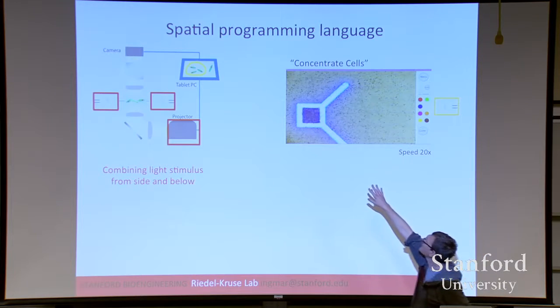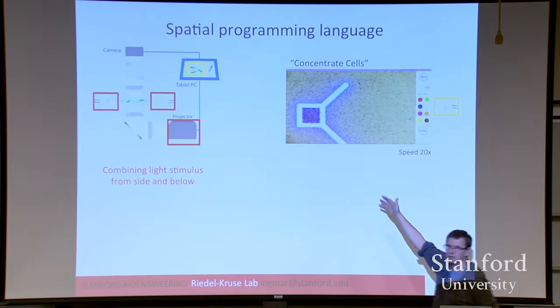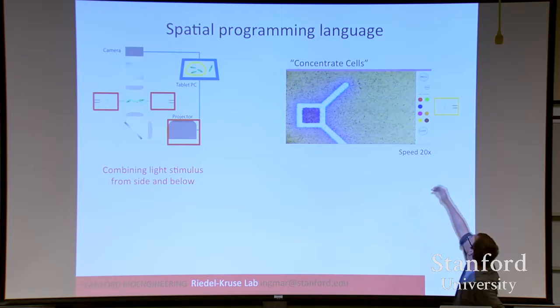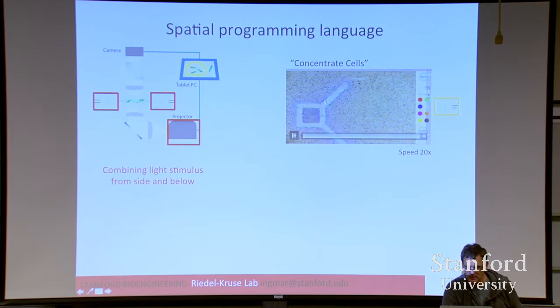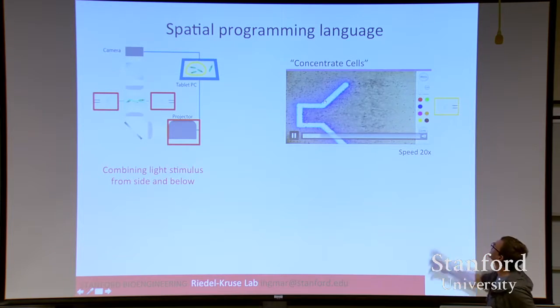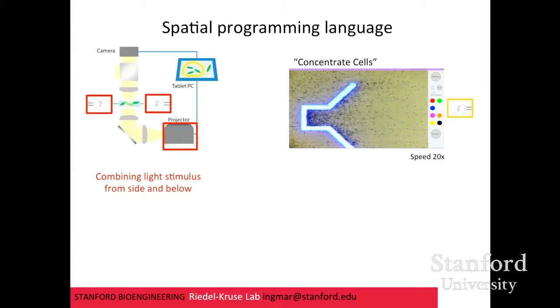You have this light pattern where you construct some sort of barrier which the cells don't want to swim through, but then you also shine light from one side. What you can do with something like this is, for example, concentrate cells. You shine the light from here, all the cells swim over there and get captured in that chamber. You can script this whole thing and make a command out of it, concentrate cells. You call this command, and this is what happens.